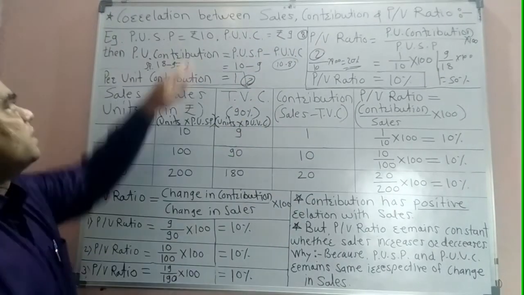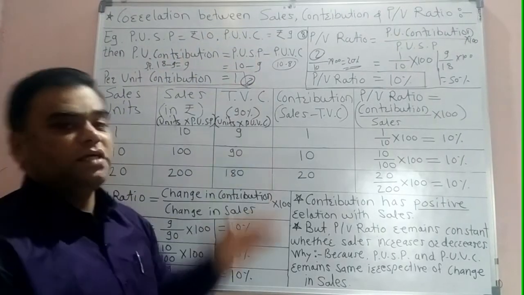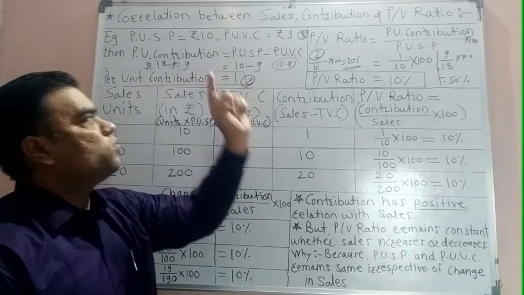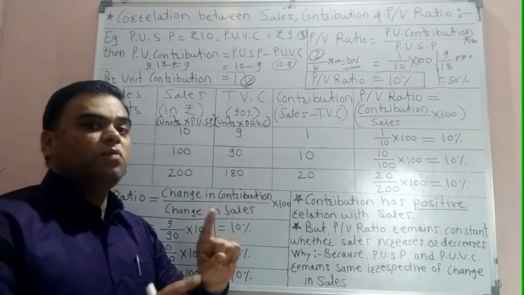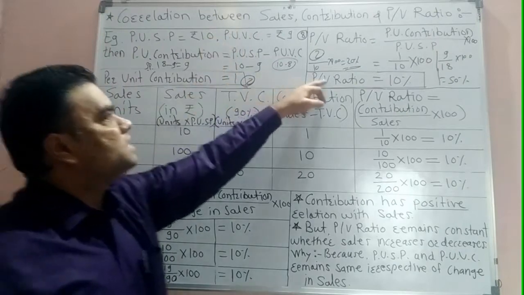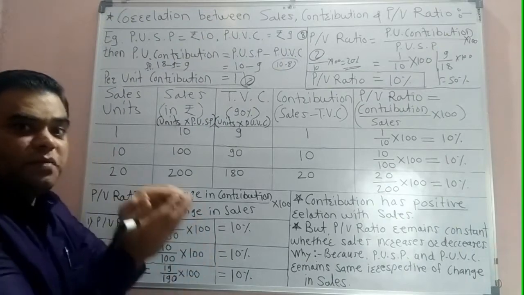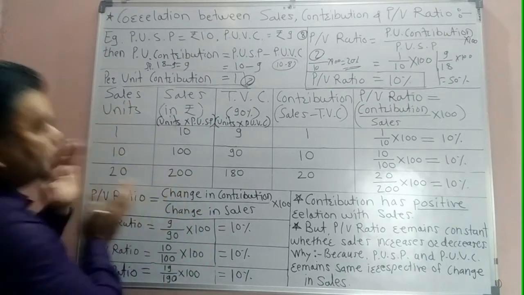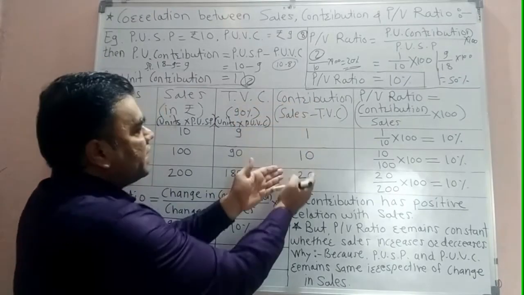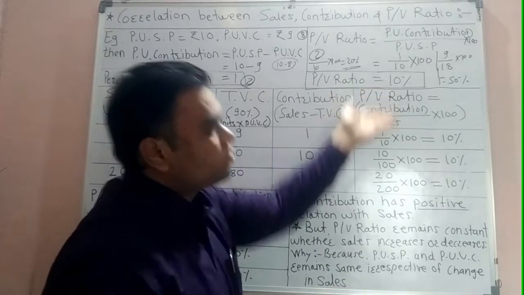So the difference, 10 less 9 is equal to 1, is contribution. That contribution is 10% of the per unit selling price, and that ratio has been maintained continuously throughout all levels. That's why at all levels your contribution is 10% of sales, and the same thing the PV ratio shows.